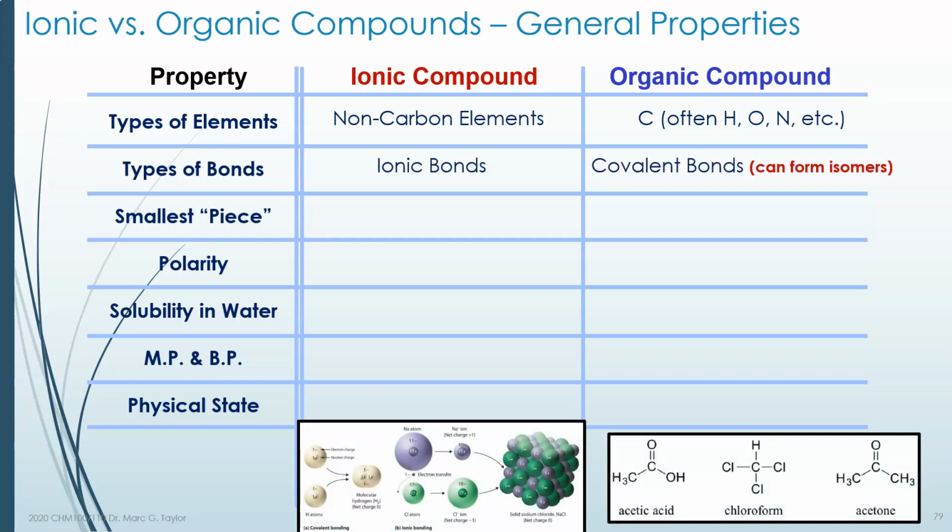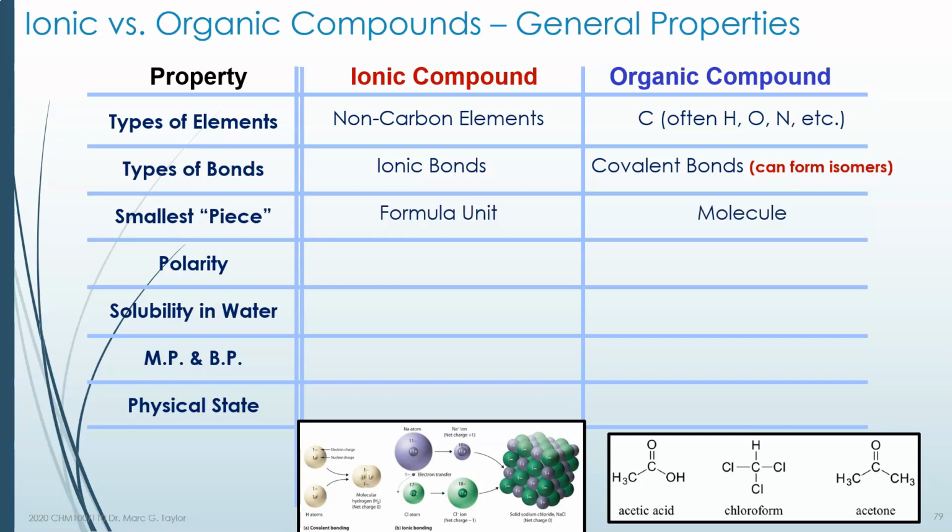Types of bonds. Ionic compounds are held together with ionic bond interactions. You have positive charges and negative charges, whereas organic molecules tend to be covalent compounds made with covalent bonds linking the atoms. They can also form what we call isomers. We'll talk about that later, but isomers are molecules with the same formula but different structure.